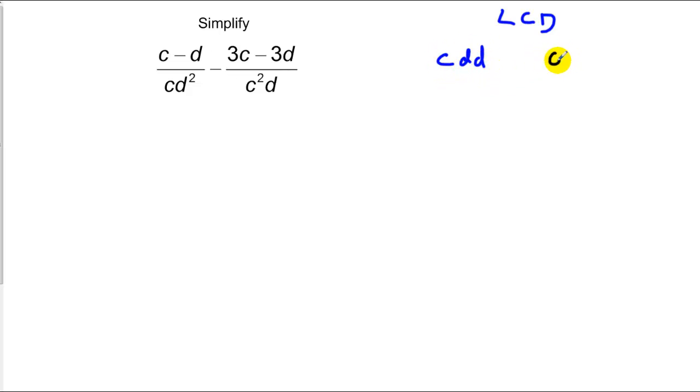On the right side I have two C's and a D. C's in common, D's in common, but I'm going to need another D and another C. So my LCD in this case is the C, but I need another C, so that's squared, and the D, and the missing D, which is D squared. Rewrite it.